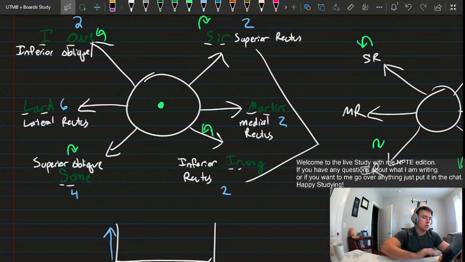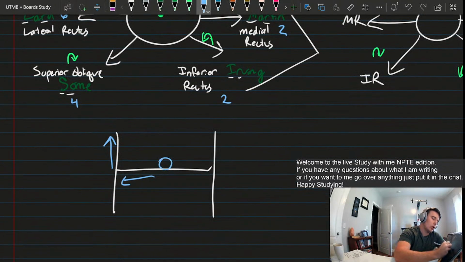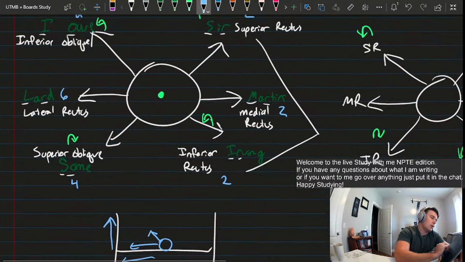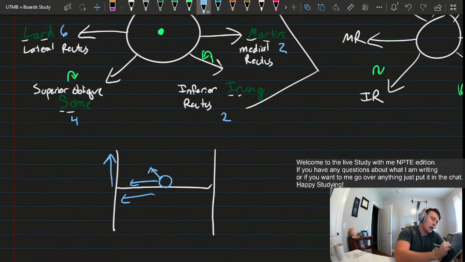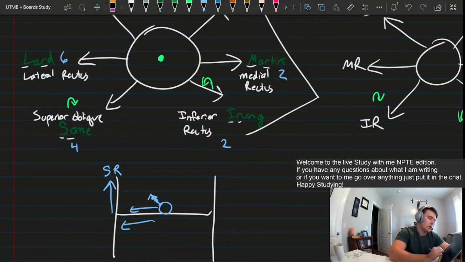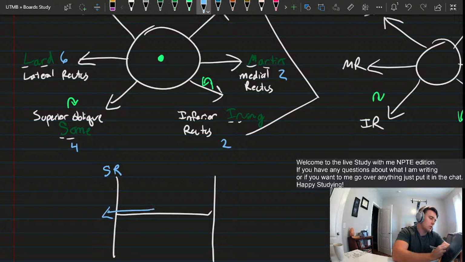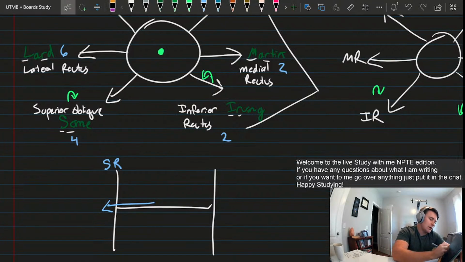It's not. So the problem is you've got your cardinal plane and your eye goes this way. The inferior oblique is actually on laxity, so same concept, but we're going to go down. So you're going to go lateral, which is the lateral rectus, and then go down.